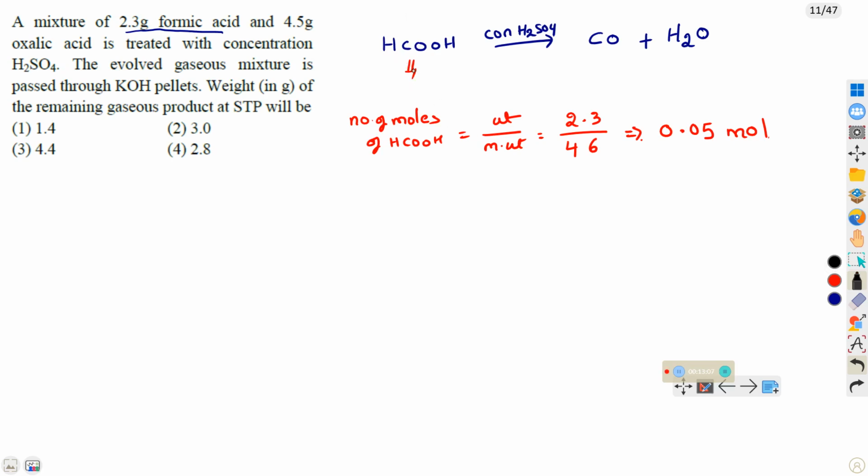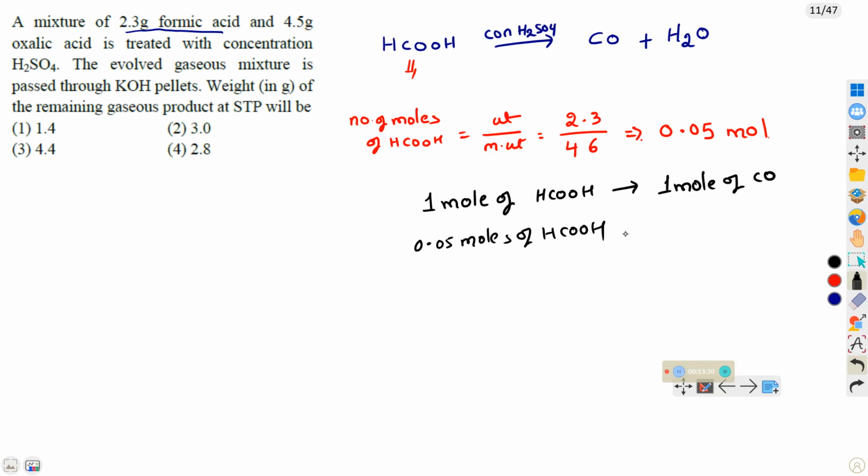According to the equation, 1 mole of HCOOH gives 1 mole of CO. Then 0.05 moles of HCOOH gives how many moles of CO? 0.05 into 1 by 1, that is 0.05 moles of CO.